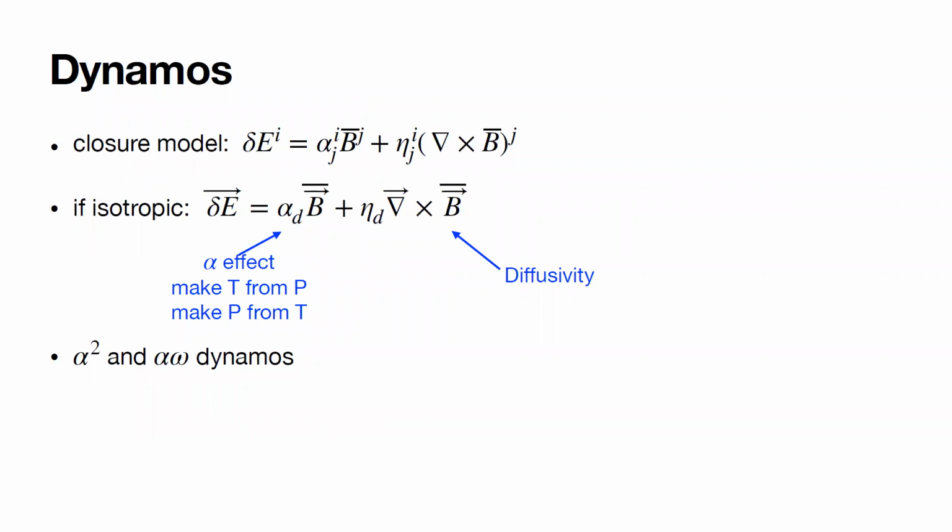Well, one thing you can do is start with things like this. The expression may look kind of arbitrary, but it's based on the thought that it has to be proportional to the magnetic field and can be proportional to its derivatives.